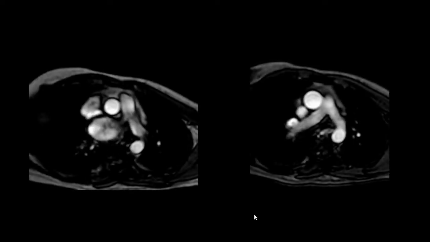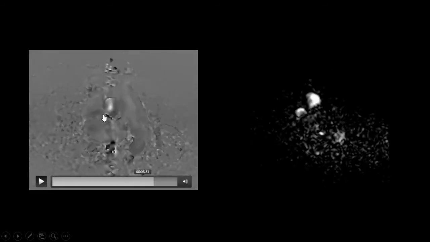Phase contrast imaging will also give us the peak velocity across the stenotic lesion. As we can see in this video, this area is showing aliasing. If we use these values to calculate the velocity and the gradient, we'll get erroneous results.